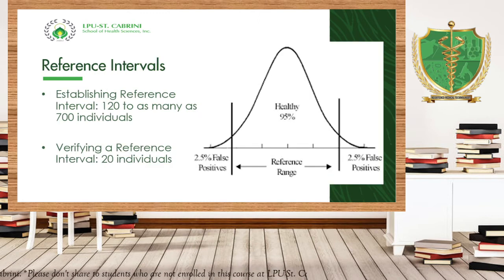Okay? Now, how are we going to establish and verify our reference range? Please take note of this, guys. When we are establishing a reference range, we must have at least 120 samples from individual patients of the same sex and the same age to establish our reference range.